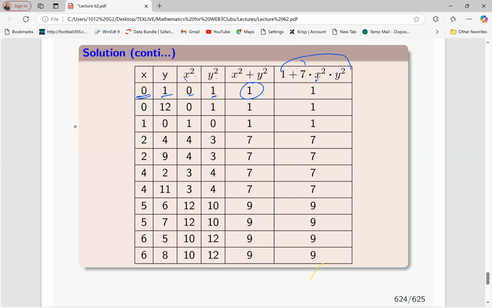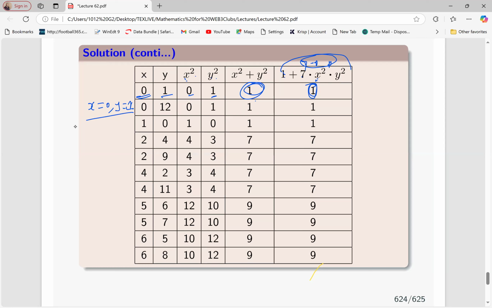So this is 7 times 0 times y square, which is 1. Anything multiplied by 0 will be 0. So the right-hand side then becomes 1 plus 0, which is 1. So you can see the left side and the right side are equal. So one solution is that x can be 0 and y be 1.